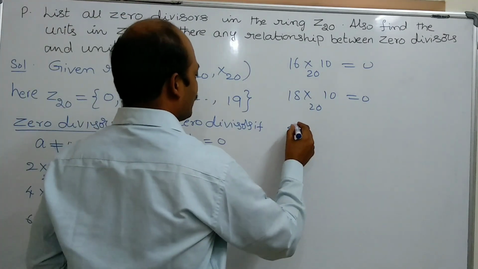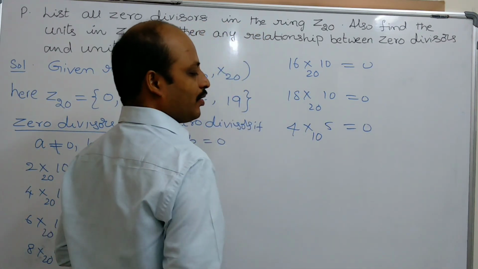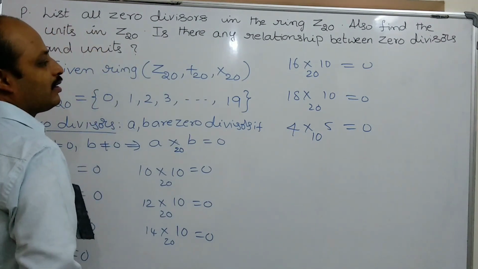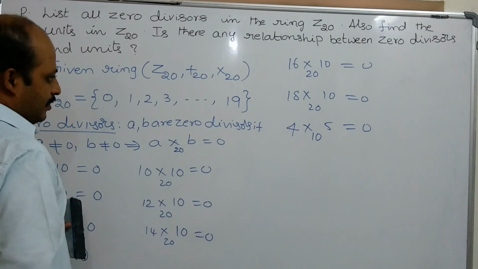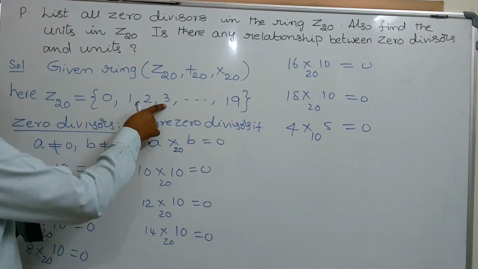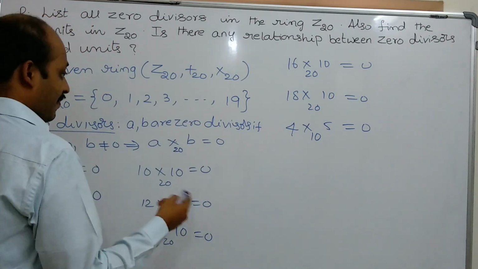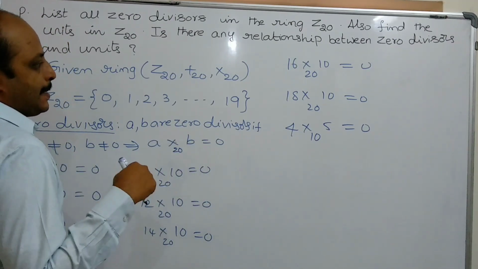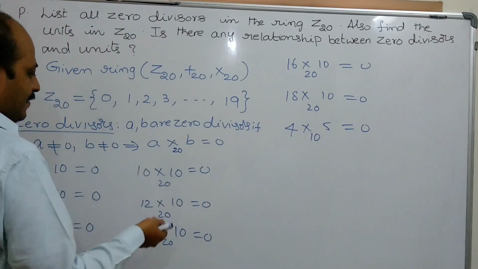And also you check that 4 into 5 modulo 20 is 0. Next elements: 1, 2, 3, 4, 5, 6, 7 not a zero divisor, 8 zero divisor, 9 not a zero divisor, 10 zero divisor.